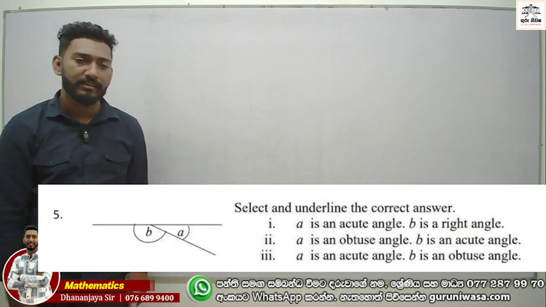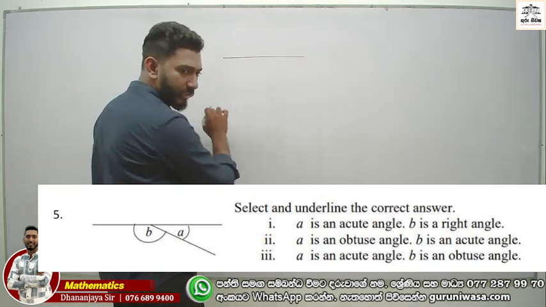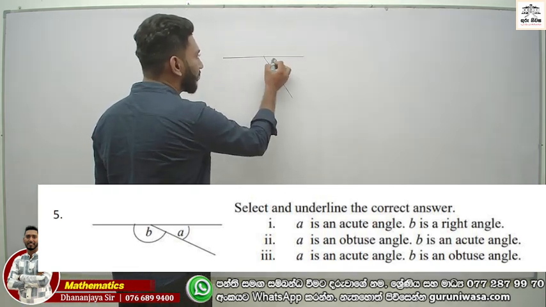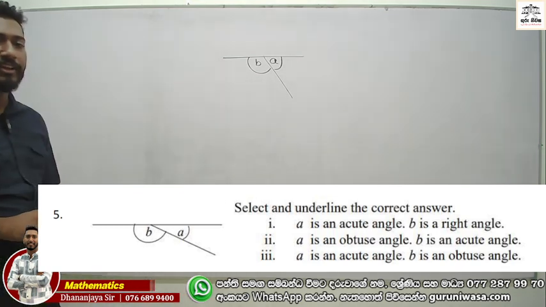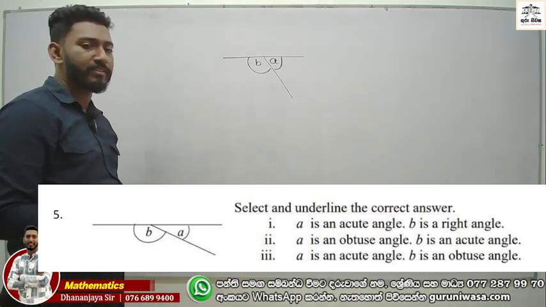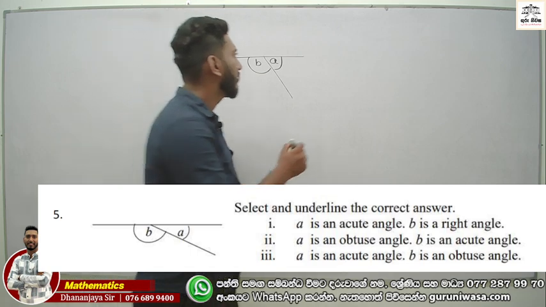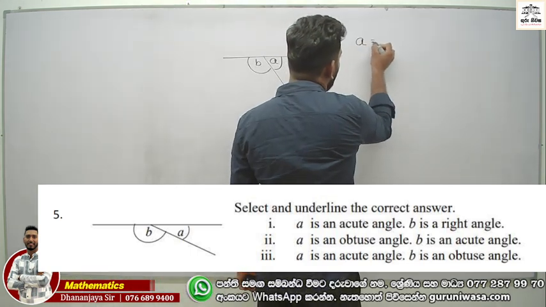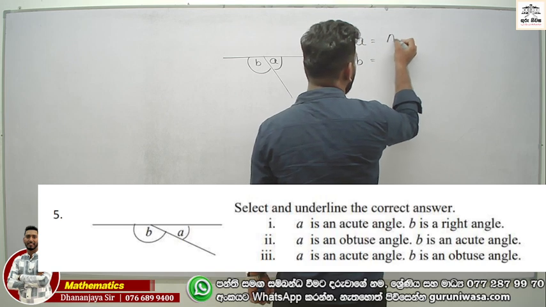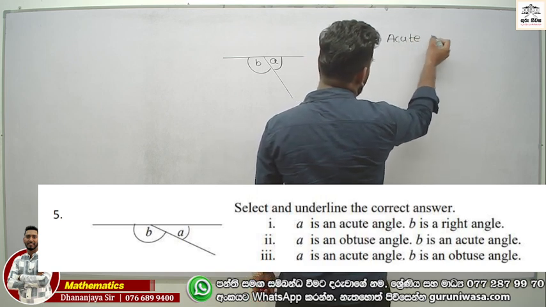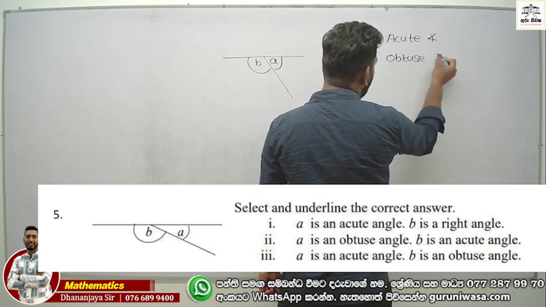Select and underline the correct answer, right? This is a format like B and A. A is an acute angle, B is a right angle. Completely wrong. B is not a right angle. A is an acute angle, and B is what we call an obtuse angle.